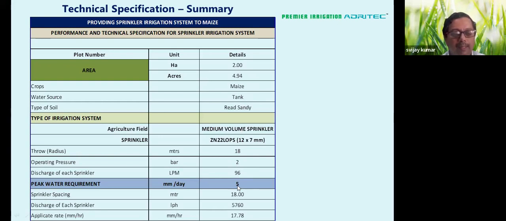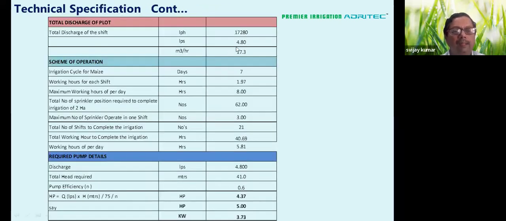Just punch in the data and automatically the entire calculation for the discharge, number of shifts, what is the irrigation cycle, and the entire thing will be worked out. And as you can see, the complete calculation is worked out here. Whatever I explained to you step by step is just summarized in an Excel table, and it's very simple. You can develop this Excel sheet very easily, and therefore we will arrive at the entire thing.